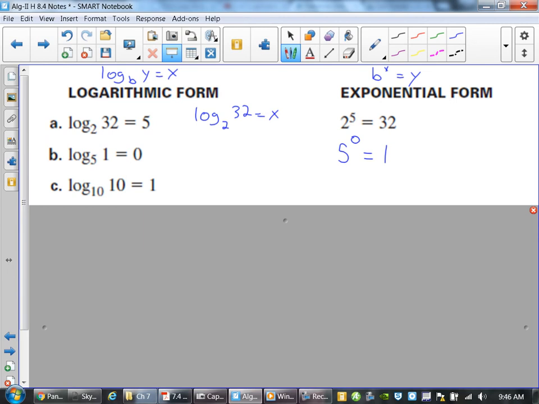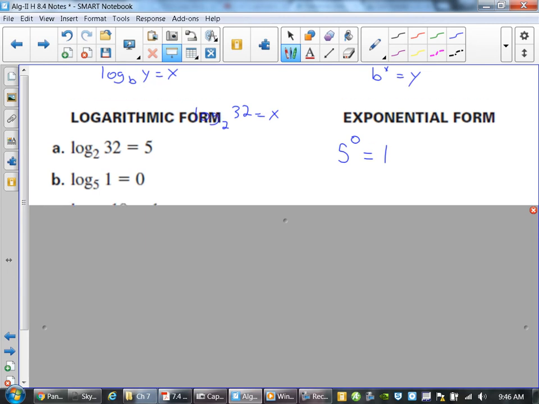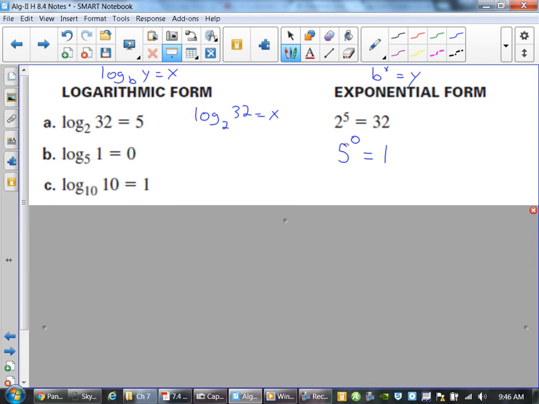Does it matter which side of the equals sign? It doesn't. You can have y equals b to the x if you want. It's fine. It's just the way that the book writes it. The pre-calc book writes it backward. They write it with a's and c's as opposed to b's and x's, which is weird. So, 10 to the first power. Yeah, 10 to the first power is 10.